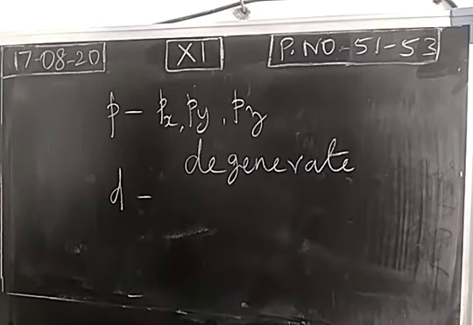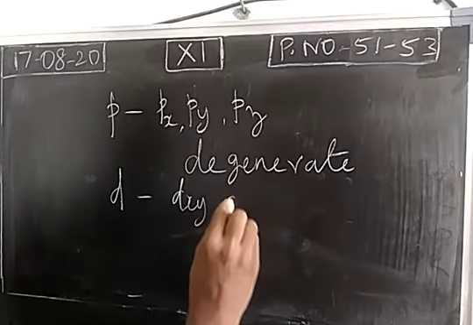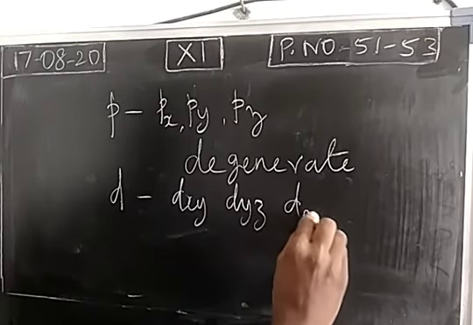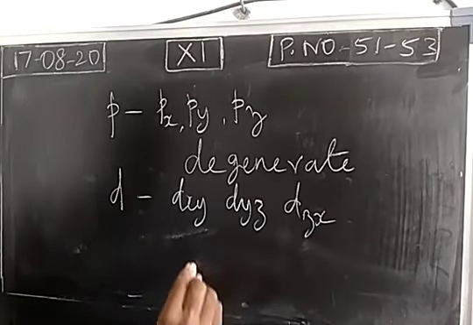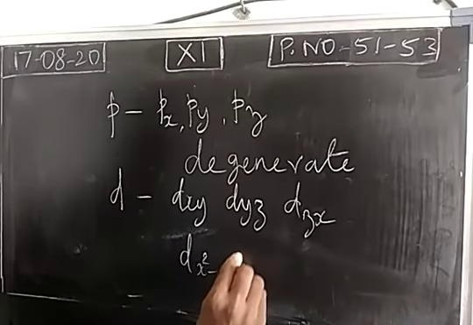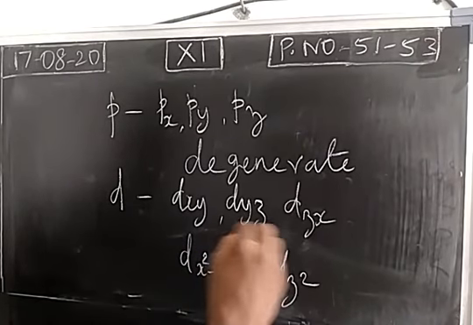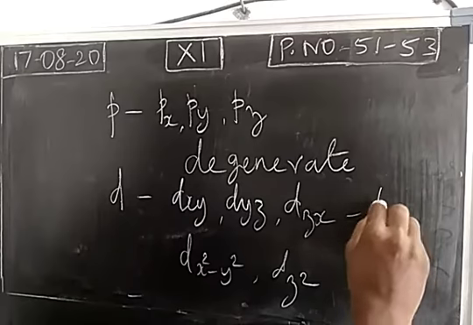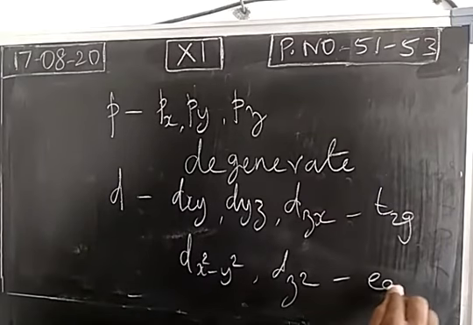Okay. So if you take a d orbital, as we discussed, this will form one set and this will form another set. So this is called the T2g set. This is the Eg set.